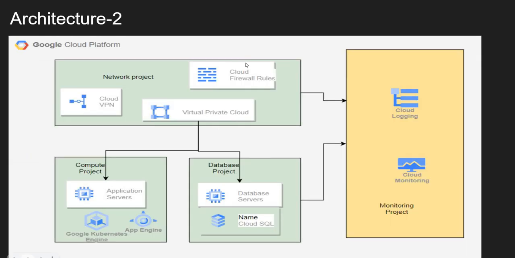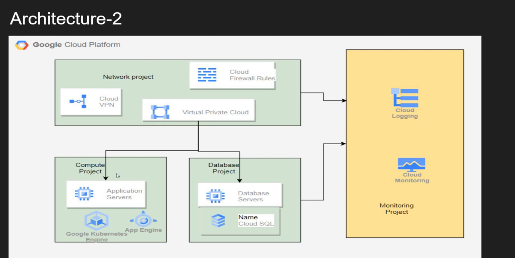So I'll show you the architecture 2 now. So here, just take an example here. What I'm doing here, I'm creating one project as a network project, and I'm creating all resources related to networking in that project. So you could see I'm creating the VPC here. I'm creating the firewall rules in this network project. I'm creating the VPN or interconnect, all resources related to network in a network project.